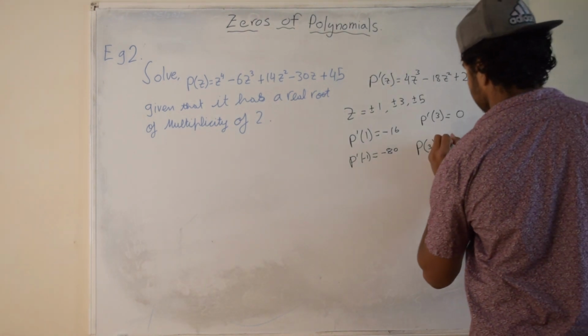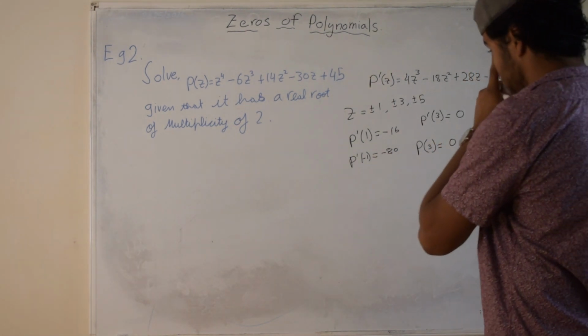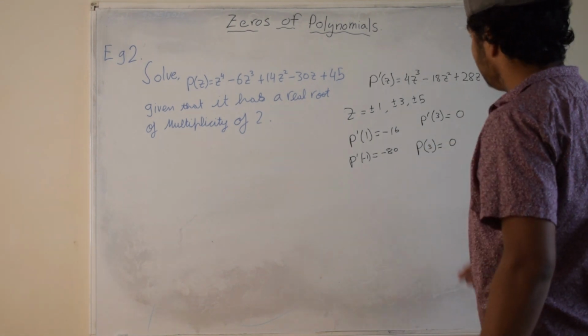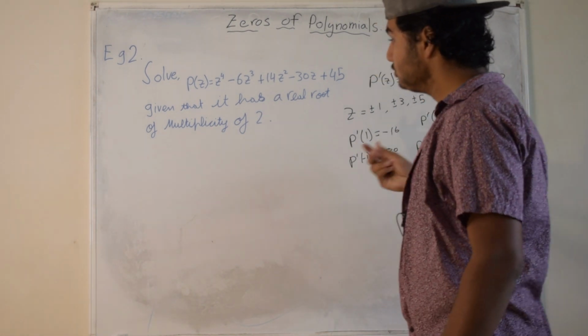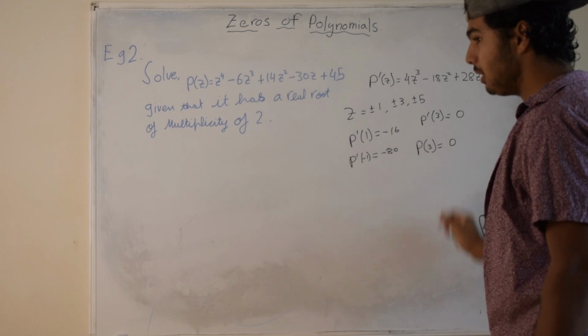So p of 3 also gives me 0. Therefore, we know that the multiple zero, with multiplicity 2, is z minus 3.